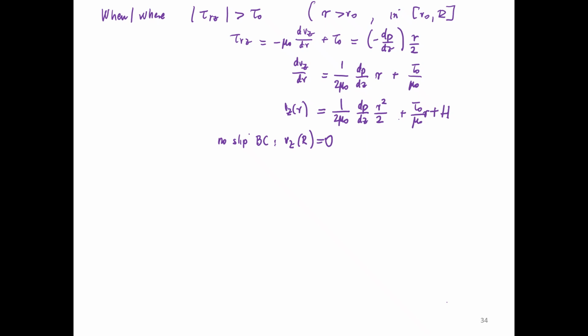And when I put that in, my H is basically negative expression with r equal to uppercase R of this, right? When I set that to 0, my H is minus dp dz minus r.